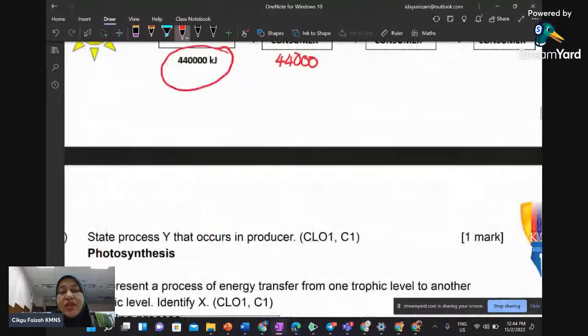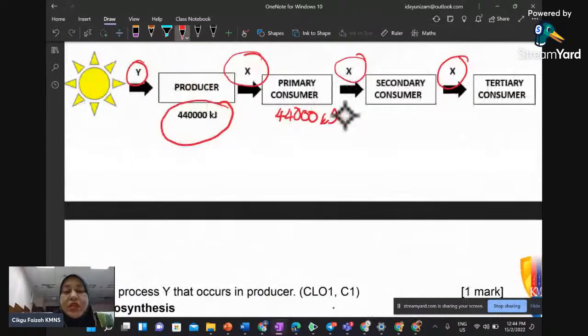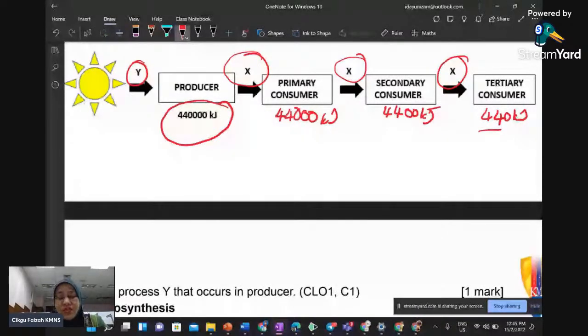This will be in kilojoule, and then 10% of this, the secondary consumer will gain 4,400 kilojoule. If the question asks for tertiary, it is 10% again. So you can see when the trophic level increases, the energy transferred is reduced. The amount of energy is reduced.